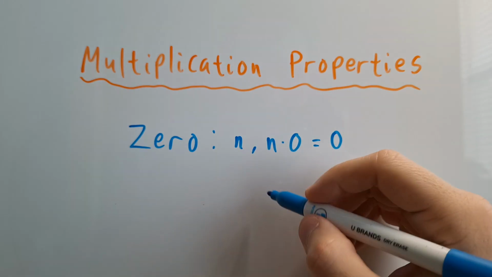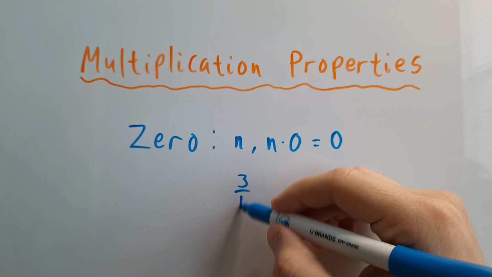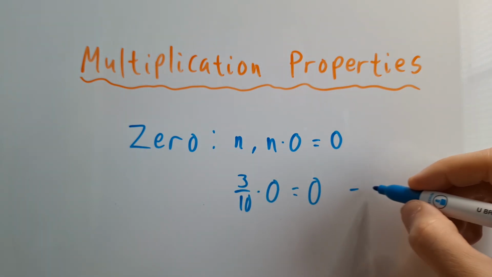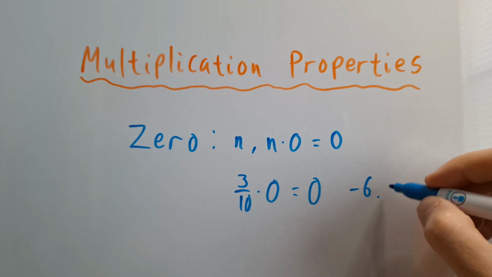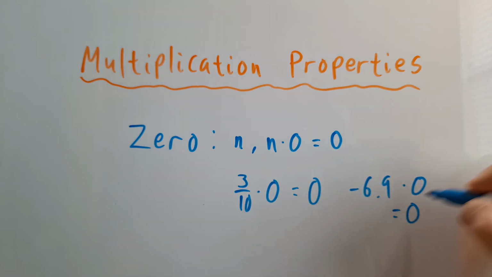This accounts for decimals and fractions as well. 3/10 times 0 is 0. Negative 6.9 times 0 is also 0. So that takes care of 3 of the properties.